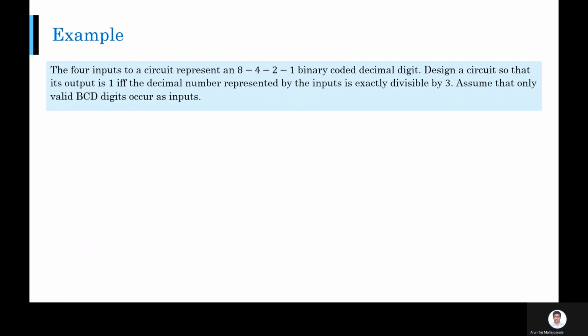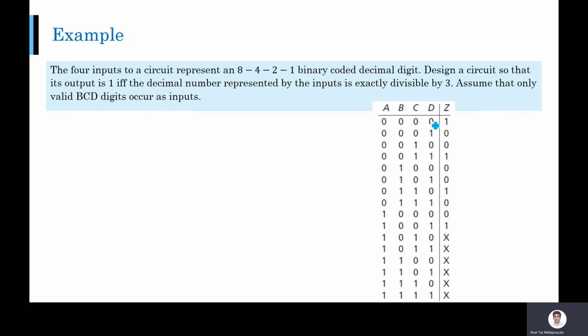So you want a circuit such that output is 1 if and only if the decimal number represented by the input is exactly divisible by 3, right? Here you're implicitly making an assumption that only valid BCD digits are occurring as the inputs to your circuit. So what are the combinations here?